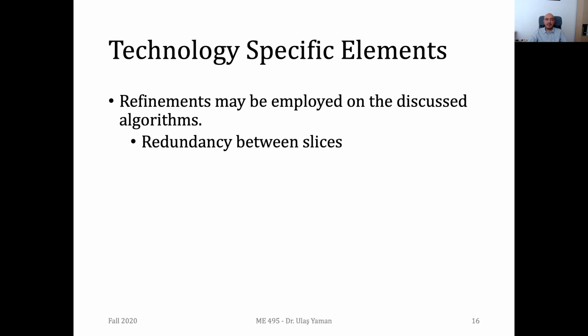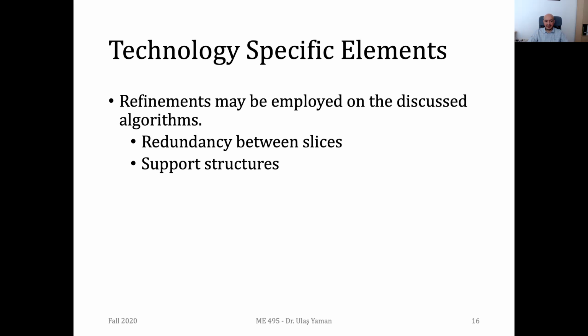So instead of doing all the computations for each slice, you can do it for a single Z value, and the other ones will have the same contour. So this will save you lots of time.